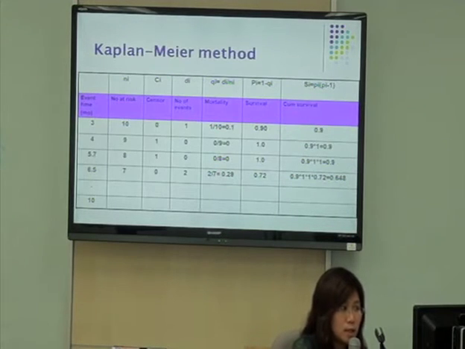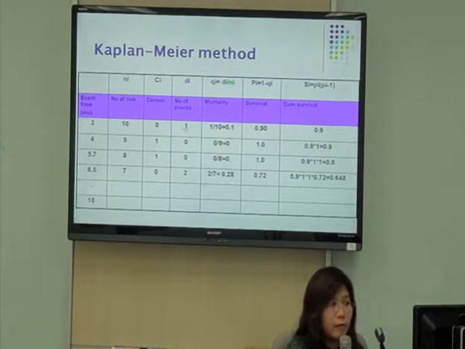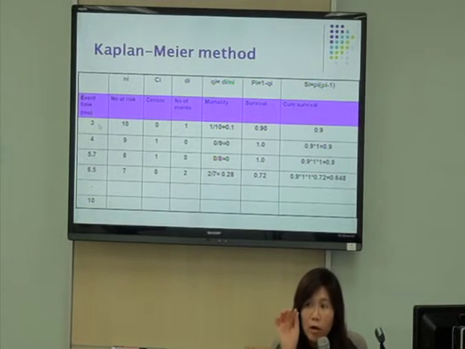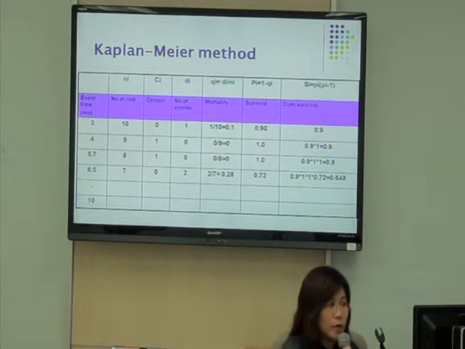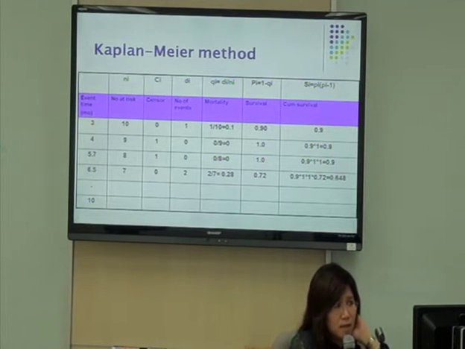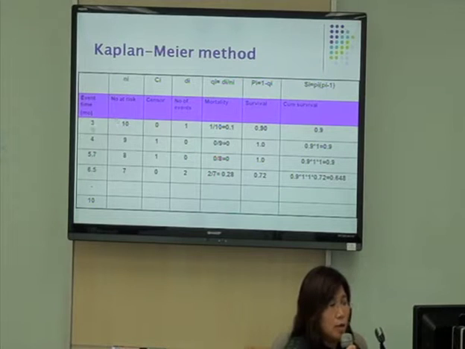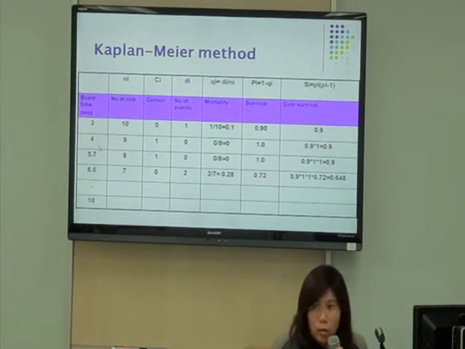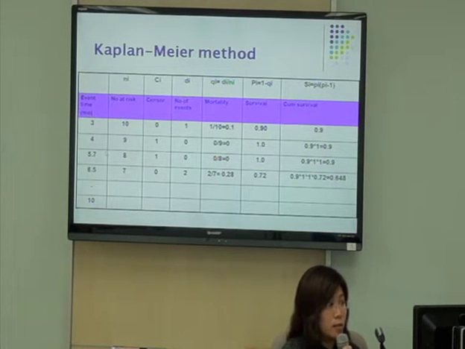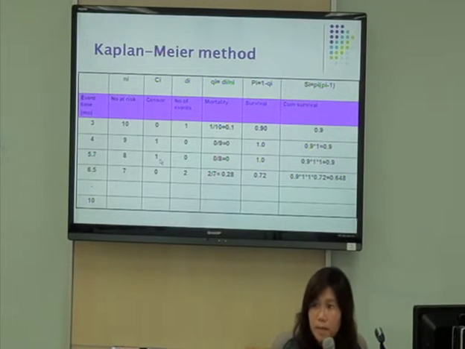But this one, because they have an event, they will calculate the survival probability at that time. For example, the first event here occurred at 3 months because they have a death here. And the second one occurred at 4 months. You see, it's not an interval because we have censored here. The third event occurred at 5.7 because of another censored subject.